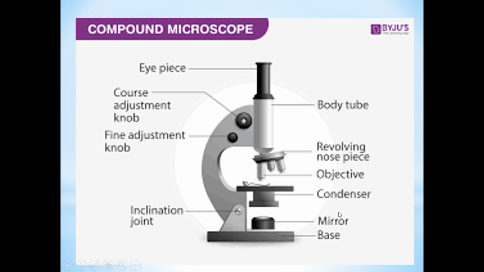This is the condenser. Here is the mirror. This is the base, and this is the inclination joint. The eyepiece lens and the objective lens magnifications are multiplied, and the magnification power of the microscope is obtained. So this is the ordinary compound microscope commonly used in the laboratory.